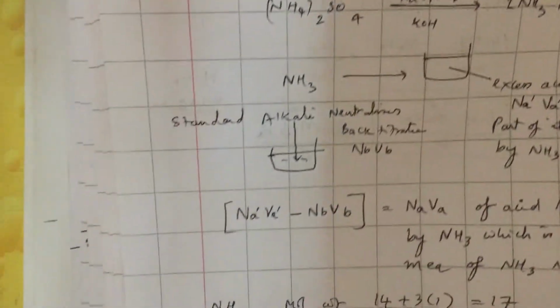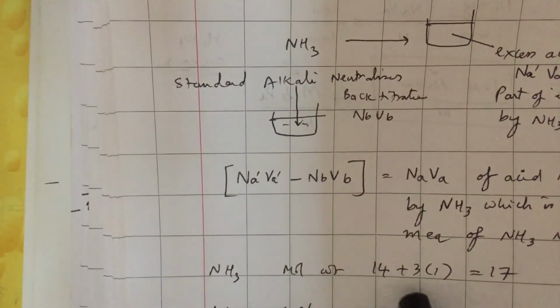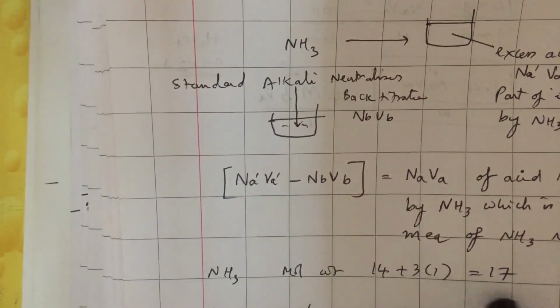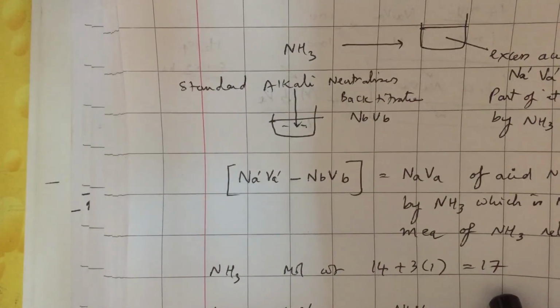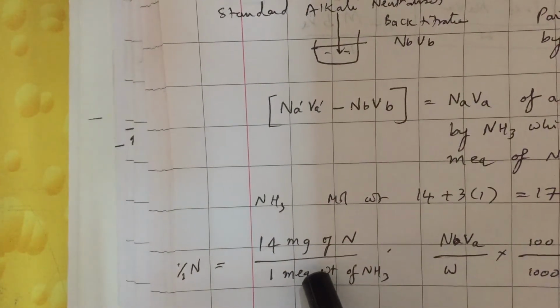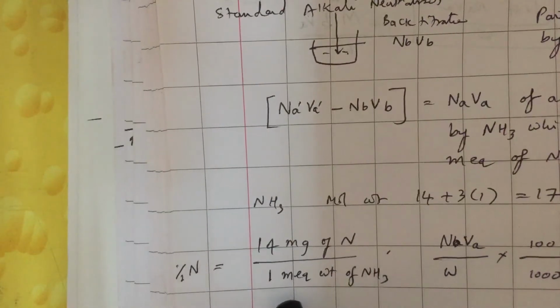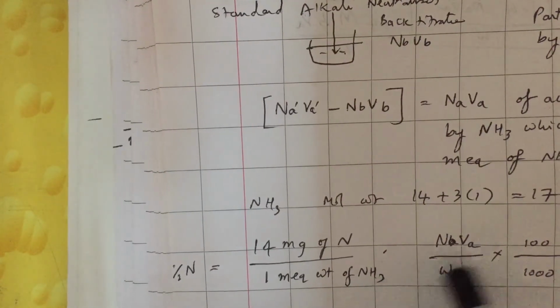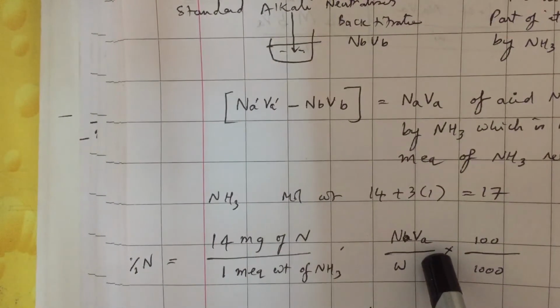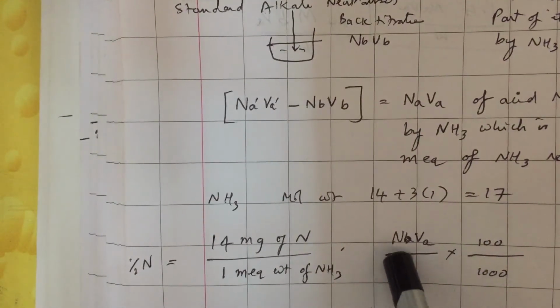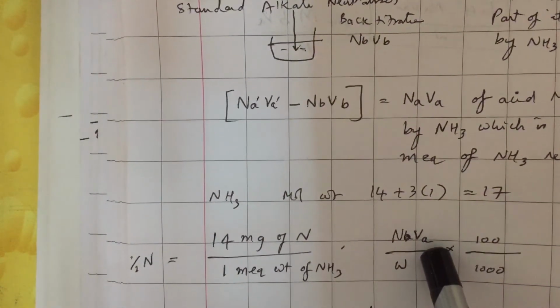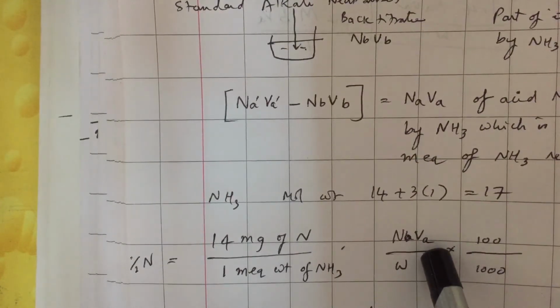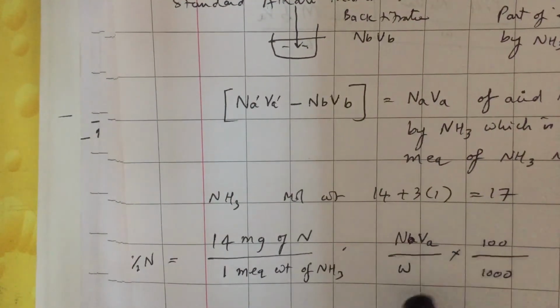Now, ammonia molecular weight is equal to 14 plus 3, which is 17. It means there are 14 milligrams of nitrogen in every 1 milliequivalent of ammonia. And the milliequivalents of ammonia that got liberated in the process is equal to N_A V_A minus N_B V_B, that is the acid used up, in the back titration.